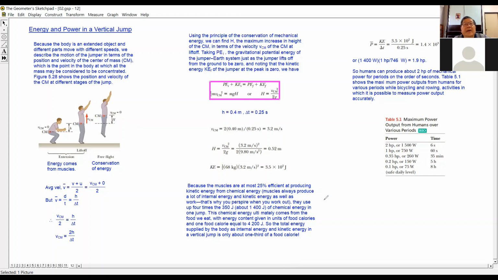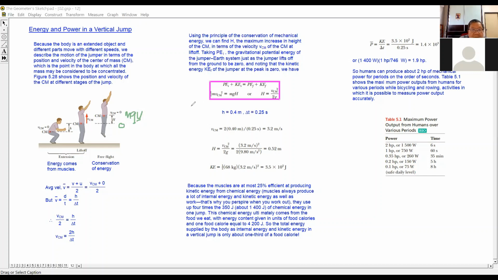The initial potential energy, at this level here, is 0. Then the final potential energy at this level is mg times y.